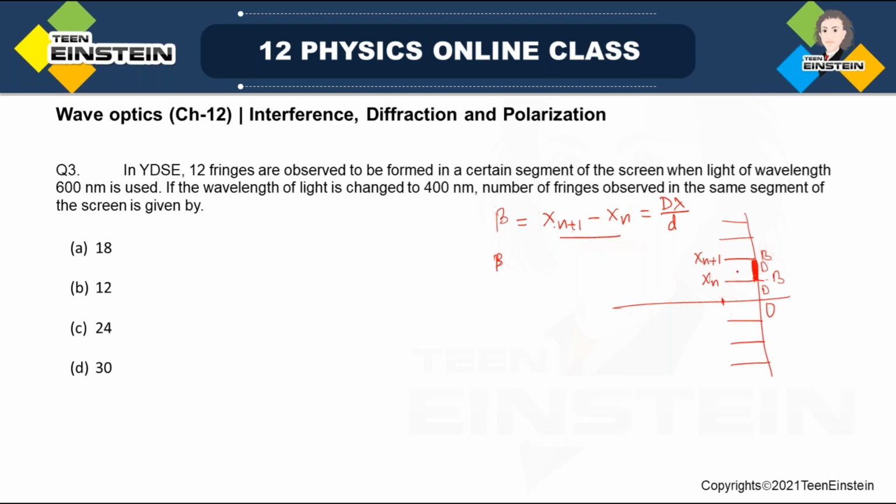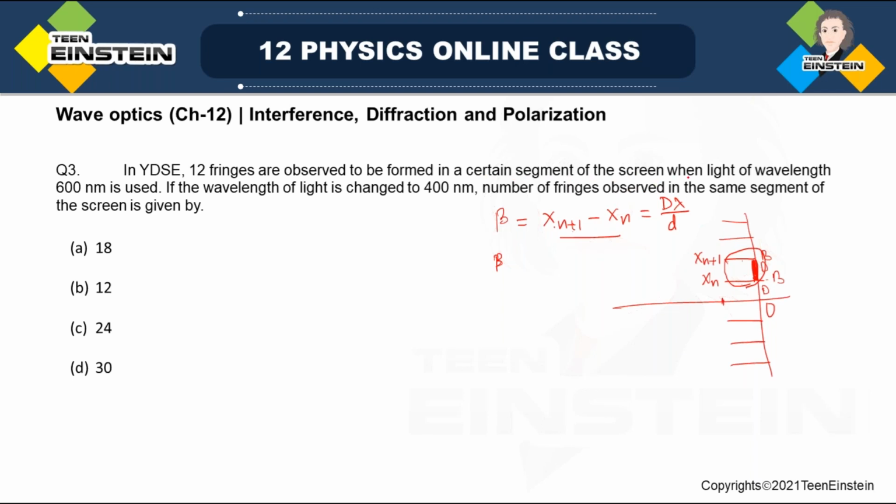See, if I say in this segment two fringes have been formed, at least I can say two successive bright fringes have been formed in between. Anyway, here I'll read the question for you. 12 fringes are observed to be formed at a certain segment. Total 12. That means bright, dark, everything.